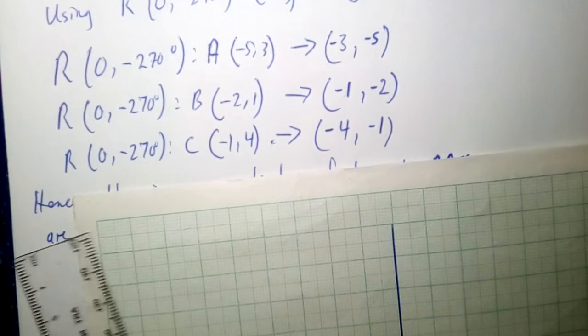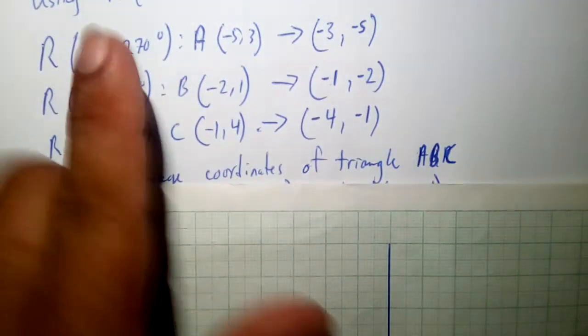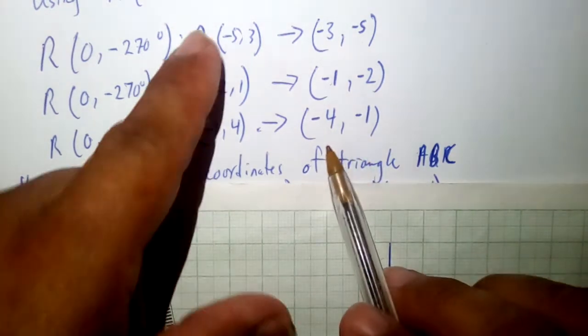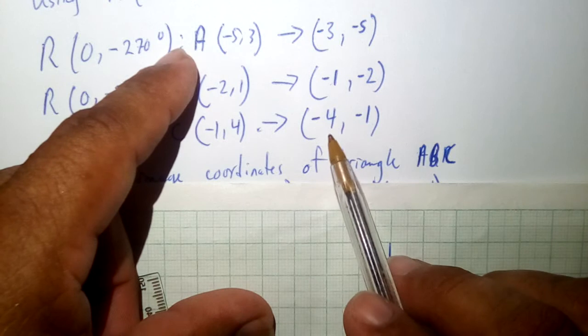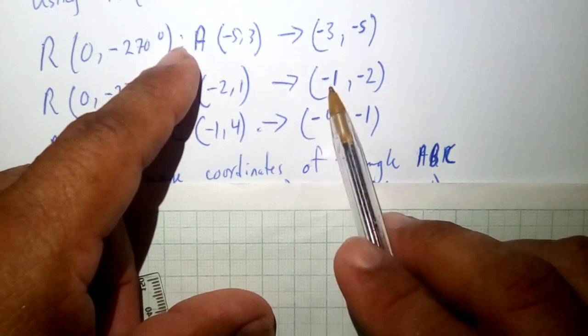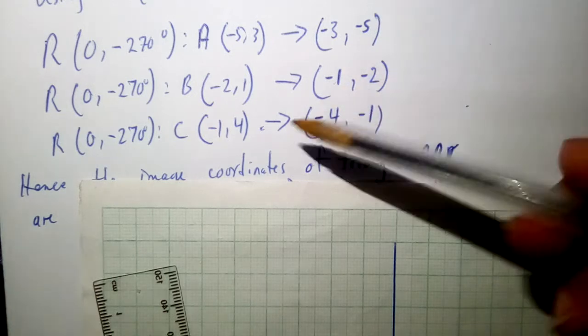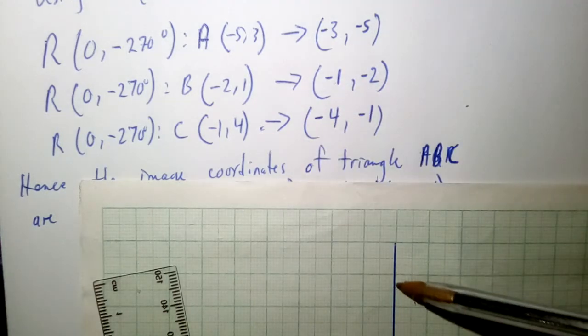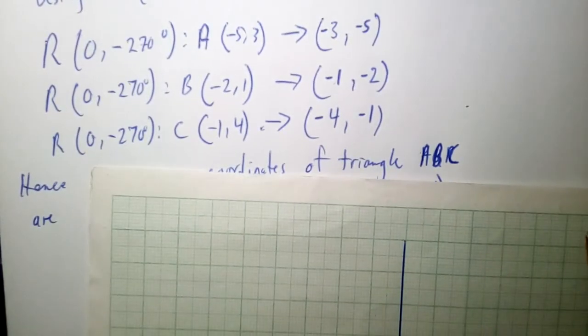Okay, that's my center line, and I notice that my x values go from negative 5 to negative 1, the smallest, so that means everything will be on this side. The y values will go from positive 4, at the top, to negative 5 at the bottom. So more or less we'll be using only one side of the graph paper, but nevertheless let's give its credit to the diagram.